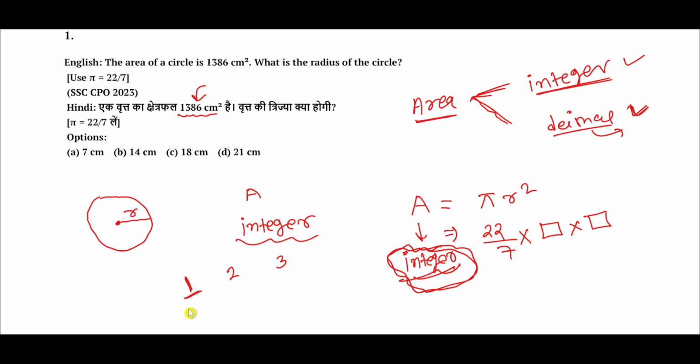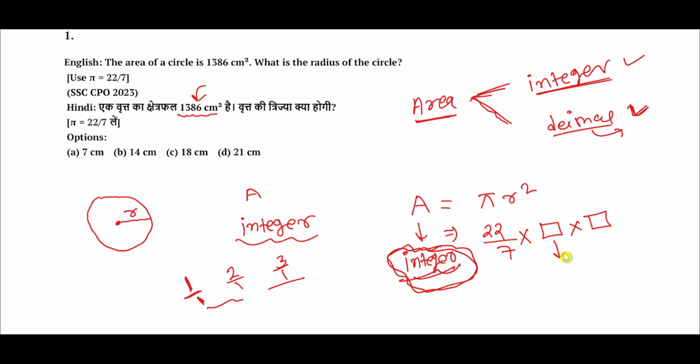If you want to add something in the place of the denominator, then you can put only one, not any other. So talking about integers, when the area of any circle comes as an integer, only one thing is possible here.